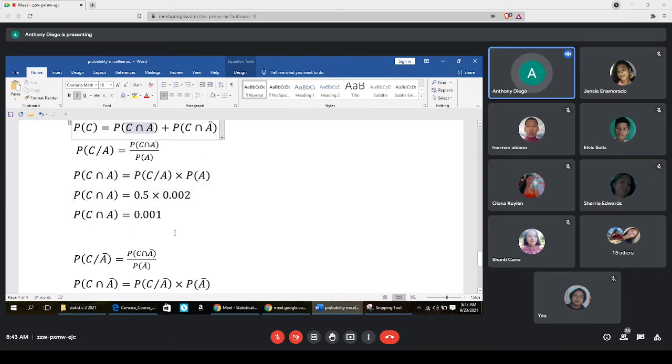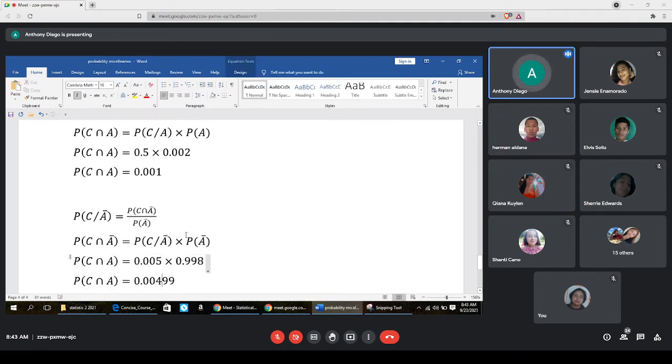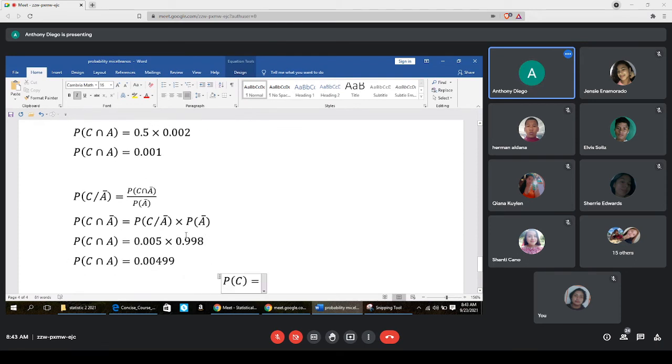We have found both, so all we need to do is add those two together, and that will give us our answer. So that will be 0.001 plus 0.00499.